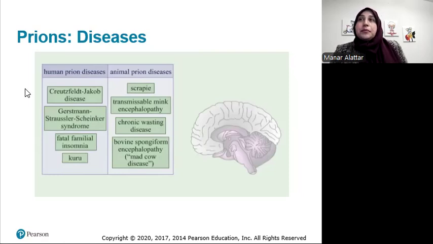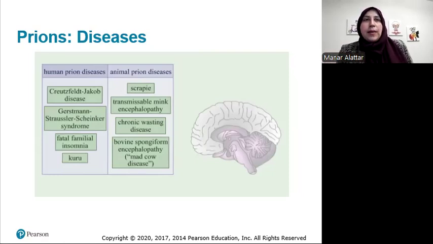And so it is still important to understand prions for prion diseases, but also for their implications potentially in other diseases as well.